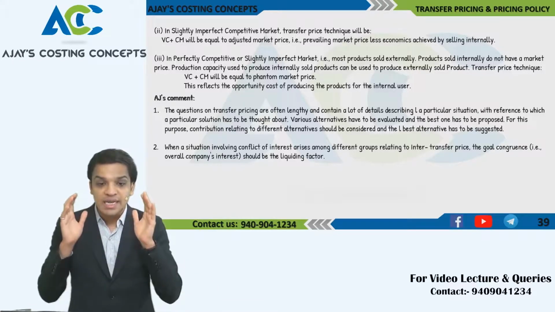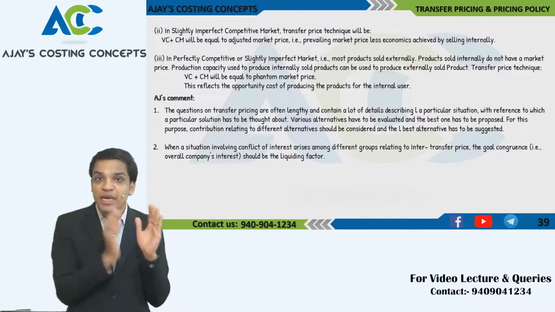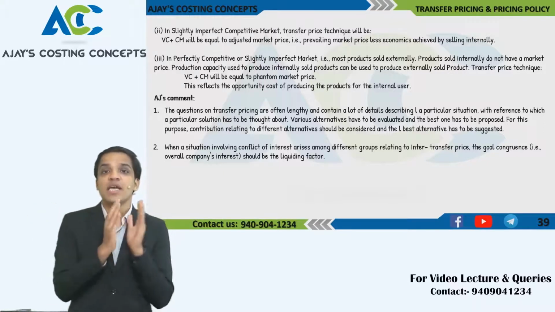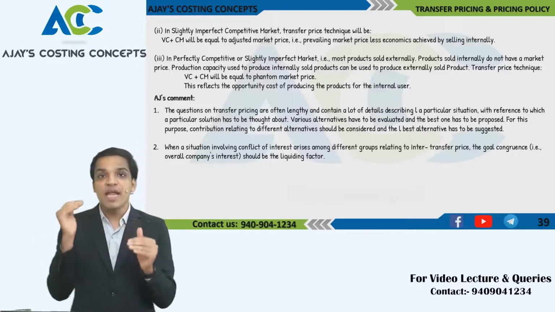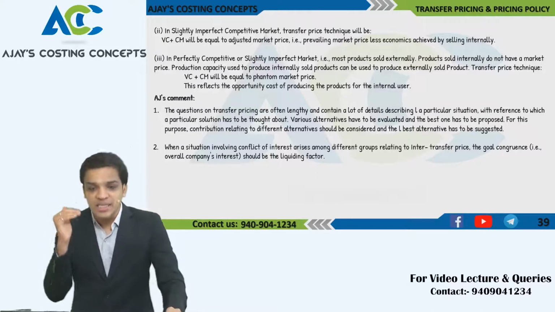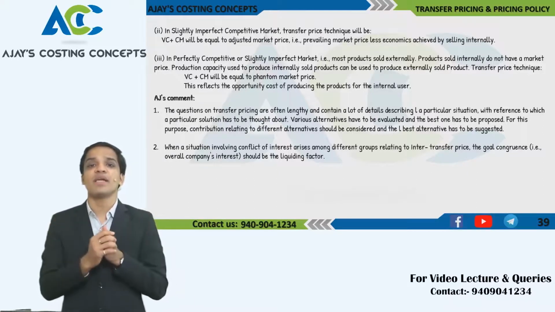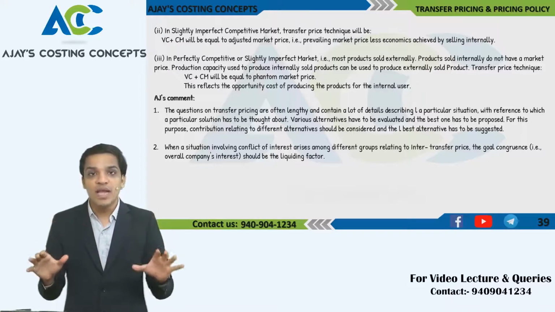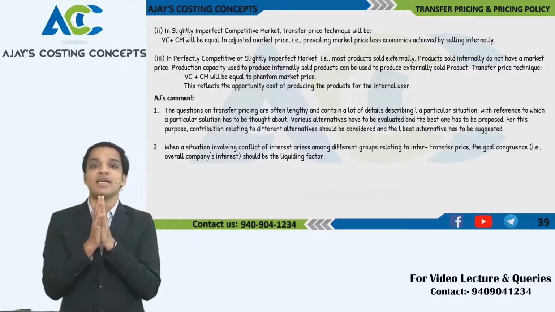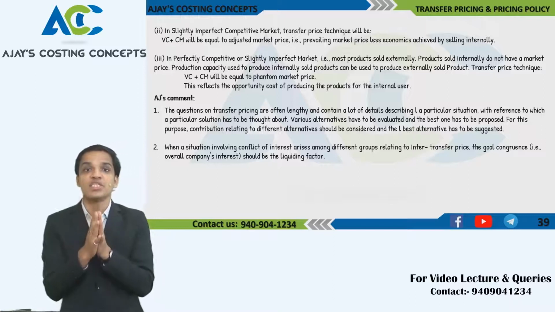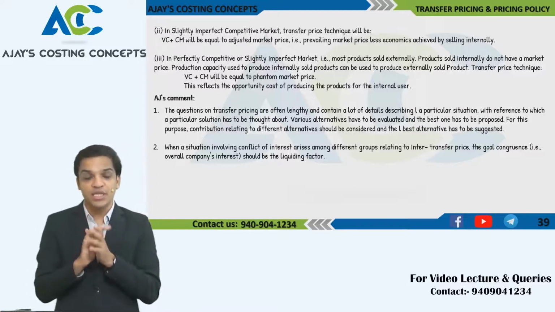So understand it is a lengthy question, but split it into various parts, various paragraphs. Evaluate each paragraph first, understand each paragraph, and connecting it with the other paragraphs and the values of the data will help you eventually understand exactly what they are asking, what their expectations are, and how you can suggest to them. That is what you need to understand.